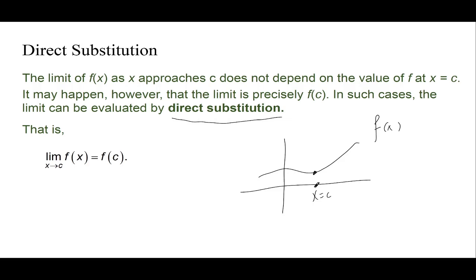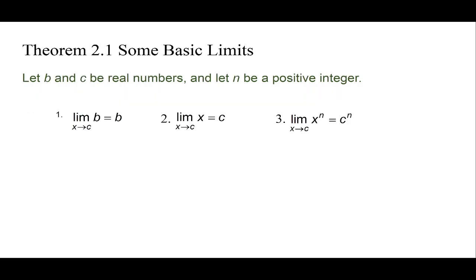Sometimes that's possible and sometimes not. But whenever it's possible, we can find the limit of the function when x approaches c. Approaching means the value of x goes very, very near to c from the left side and right side. The limit of the function is supposed to be equal to the value of the function at that point. Okay? That's coming from direct substitution.